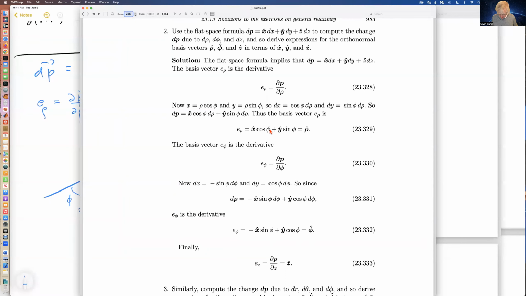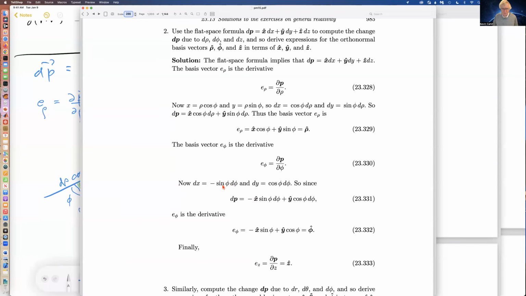Projecting this distance here, which is say d rho, down here we get cosine of phi times d rho. And then if we go this way, let me switch maybe to green, this distance here is d rho sine phi. And this one was d rho cosine phi.